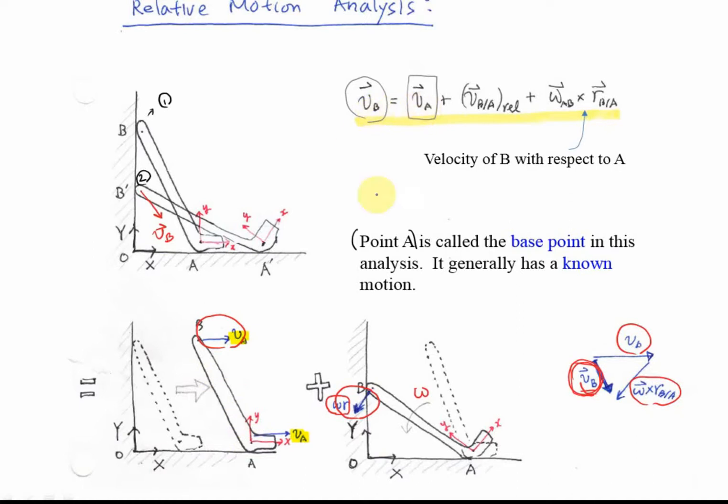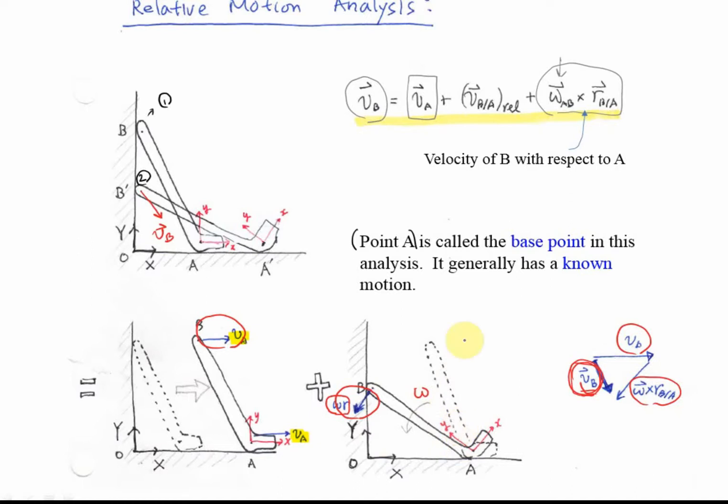But after you translate it, you have to rotate about A, so we add this velocity as well. This is the angular velocity of the rod, and this is the position vector of B from A, because everything is rotating about A, so A should be your reference.